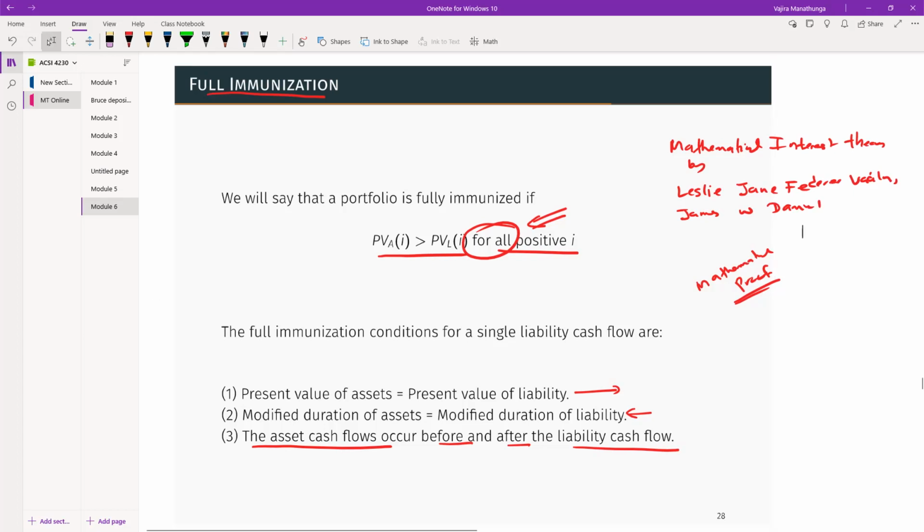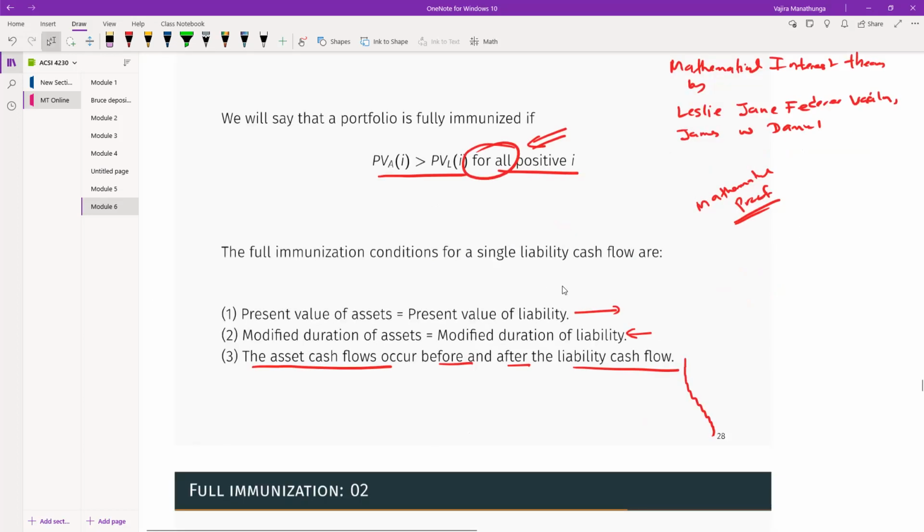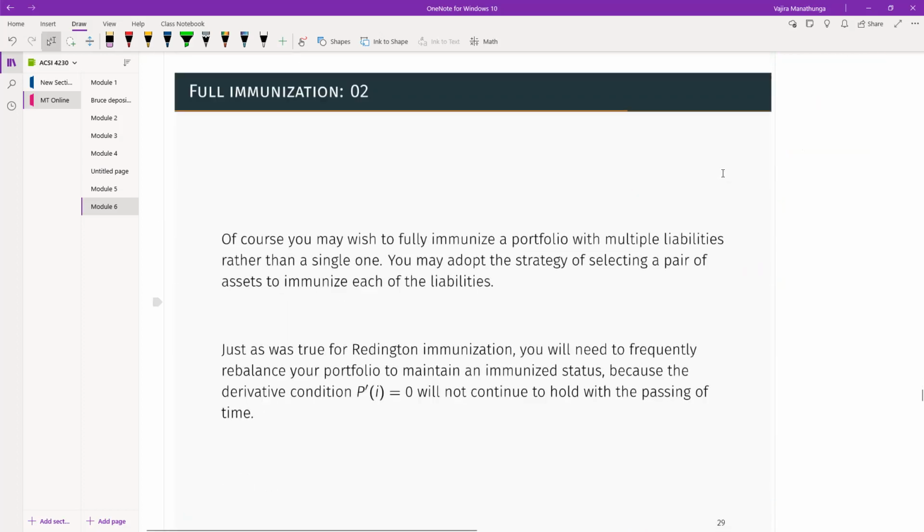So they gave the proof for this fact, how that's going to happen. Because for the third condition, you may think, okay, how do you really mathematically prove using these three that this is going to happen. There's a mathematical proof, but we are not going to do it in this class.